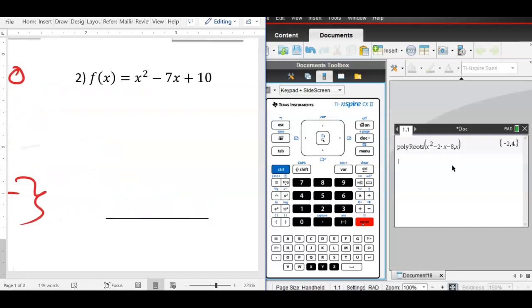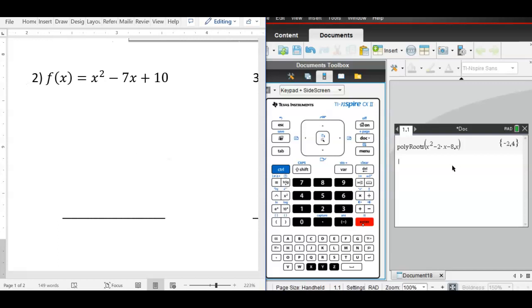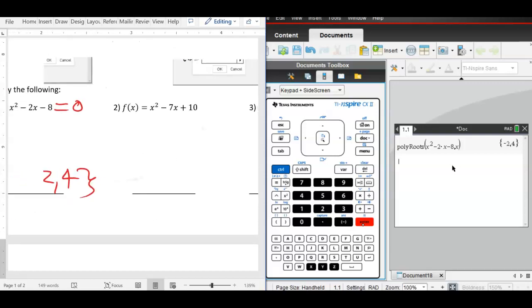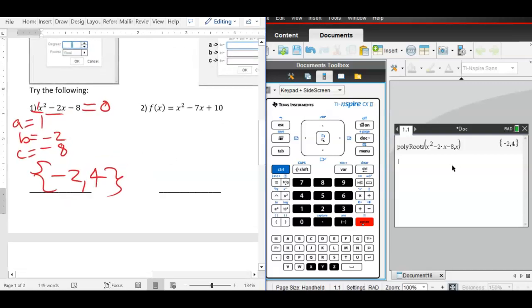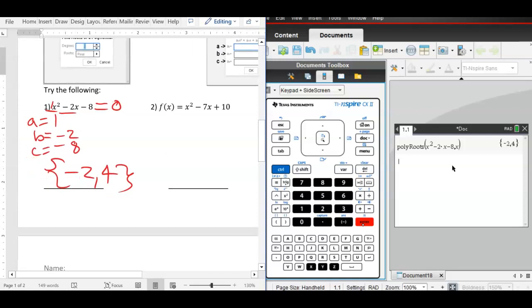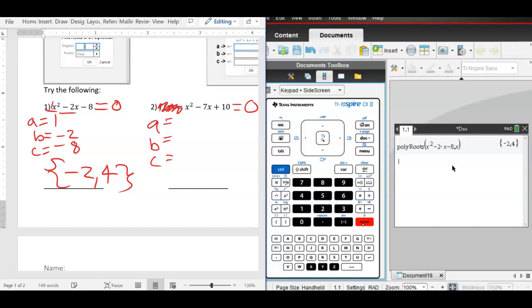Now, what about number 2? Is this equal to 0? No! But remember, on the notes, we said you scratch out the f of x equals, and you put equals 0. Okay, now that it's equal to 0, I need to find out a, b, and c. What's a? What's b? What's c? What do y'all think? What's a? 1, because there's no number in front, right?